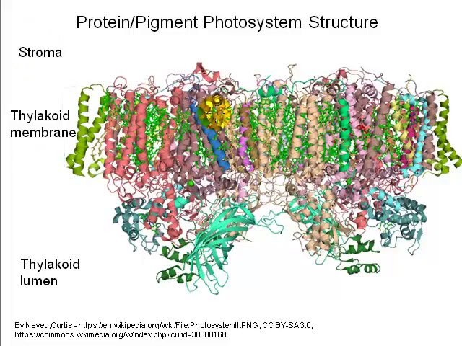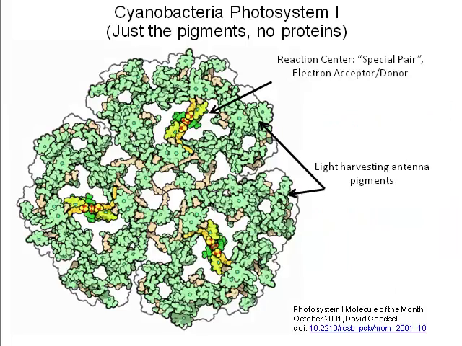You can pick out the transmembrane alpha helices, some more alpha helices here, and beta sheets of the protein component of the photosystem. And if you look closer, you can also see the structures of the pigment molecules embedded within the protein structure. Here's another view from the top down, omitting all of the protein and just showing the arrangement of the pigment molecules themselves.